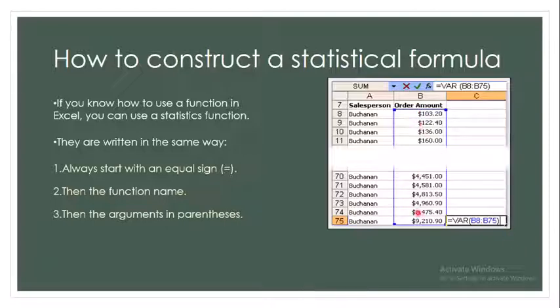That is, you can select the cells that should be calculated. So according to this example, you will get the variance of the data from the cell B8 to B75.